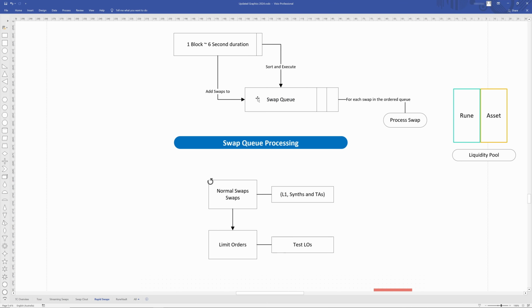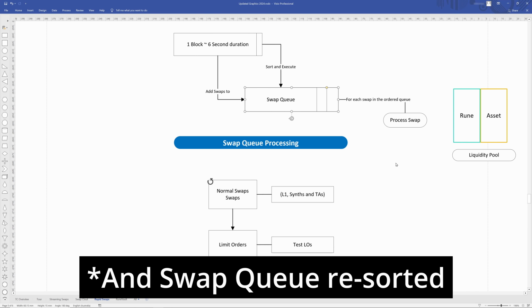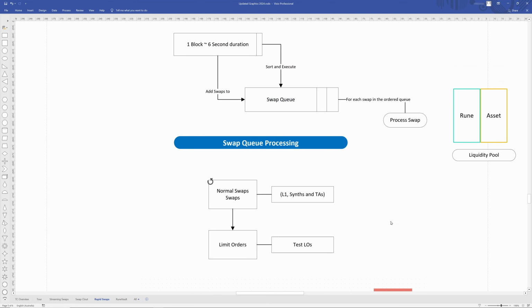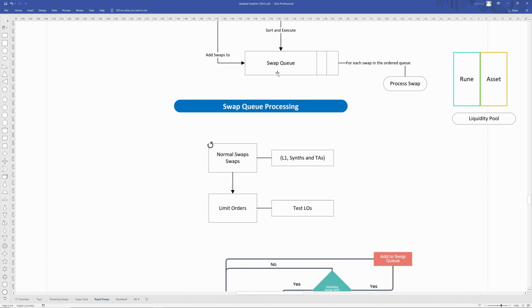So the swap queue, having been emptied because all this was executed, will now have the limit order put into it. Once all the limit orders have been checked, then any limit orders that have turned into swaps get executed. So in a way, the swap queue then iterates. It goes through the normal ones, we test the limit orders, and then any limit orders that can go as swaps go into here, and then that gets executed, and again until there are no more swaps to execute.